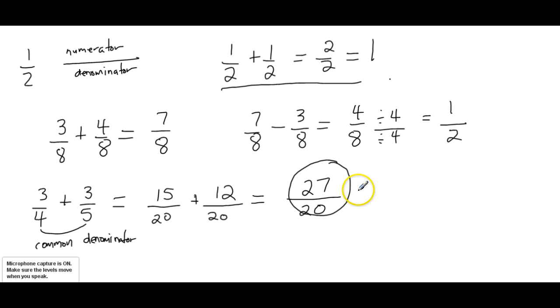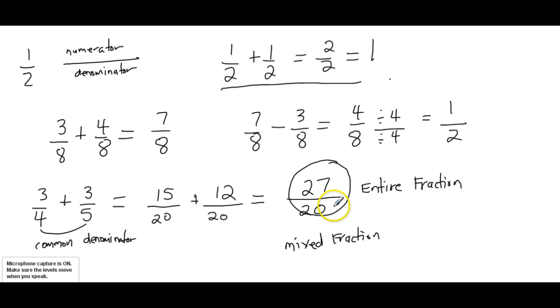This is called an entire fraction, when I just have a numerator and a denominator. Okay, it's called an entire fraction. But if my top numerator is larger than my denominator, I might want to convert it to what I call a mixed fraction. And all a mixed fraction is, is taking this number 20 and dividing it into 27, and then finding how much I have left over to turn it into a mixed.